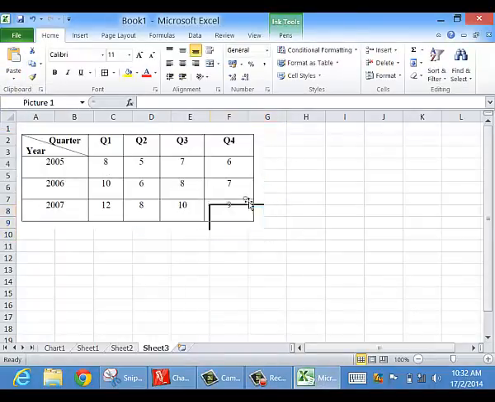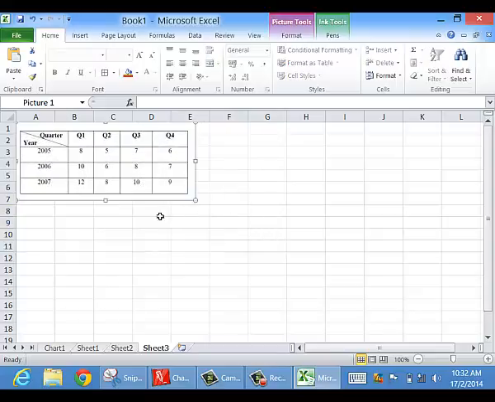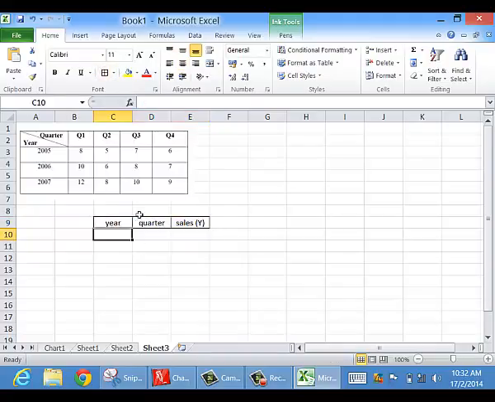So from wide format you need to convert to long format. So you have year, you have quarter, and you have sales, which is your Y. You need to state all the variables inside your data. So for year you have 2005, quarter you have 1, 2, 3, 4.